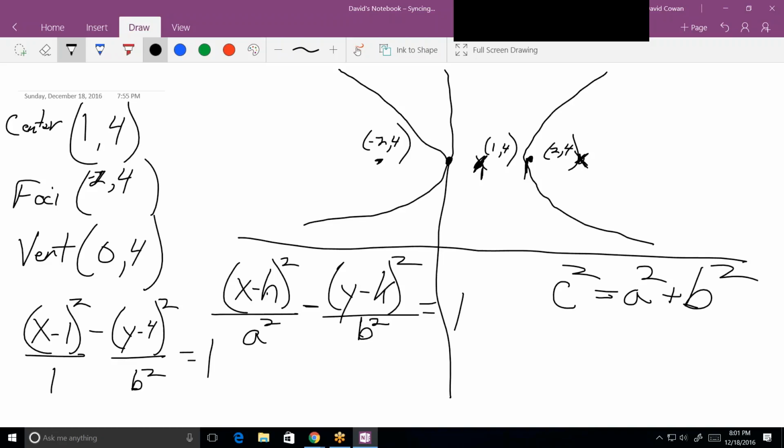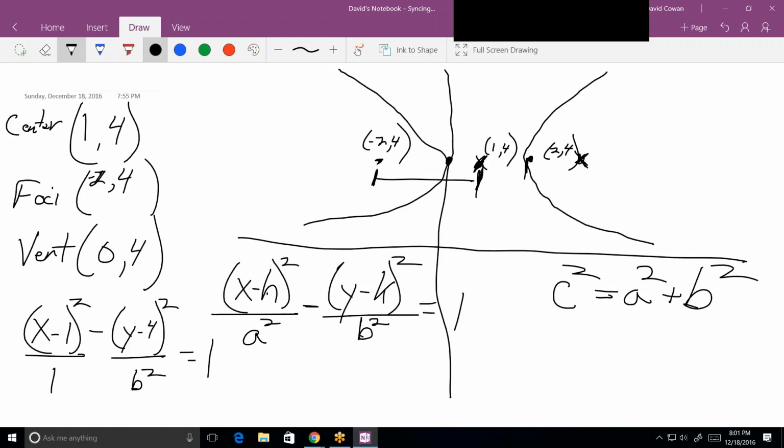The distance from the center to both of the foci. That's why it isn't absolutely necessary to figure out the coordinates of this foci over here, because I can get my c from that distance. What is c? 3.